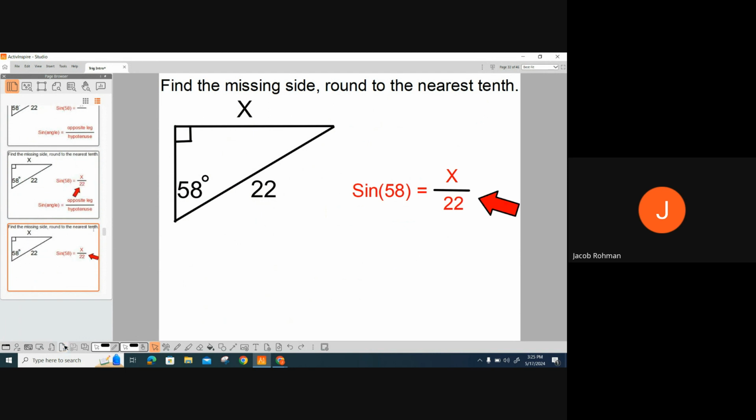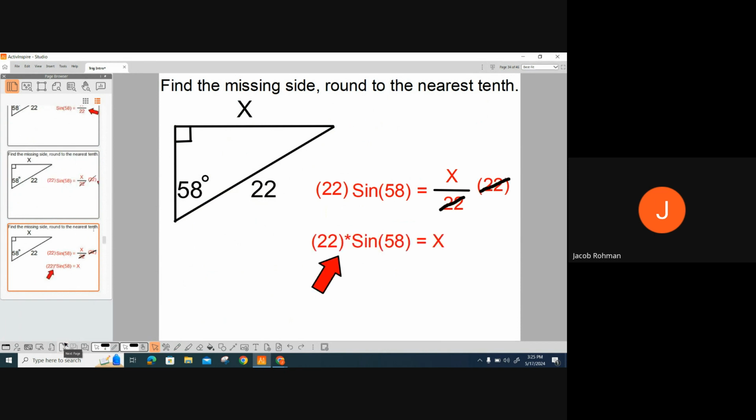Now, to solve for x, we multiply both sides by 22, which causes the 22s on the right side of the equation to undo each other. Then I'm left on the left side with 22 times sine of 58 degrees, which if I multiply those together, I get 18.65, which rounded to the nearest tenth would be 18.7.